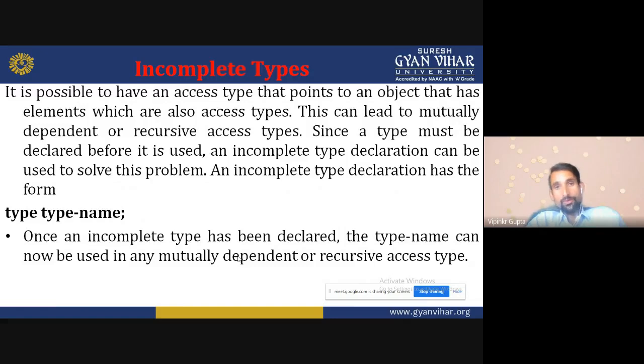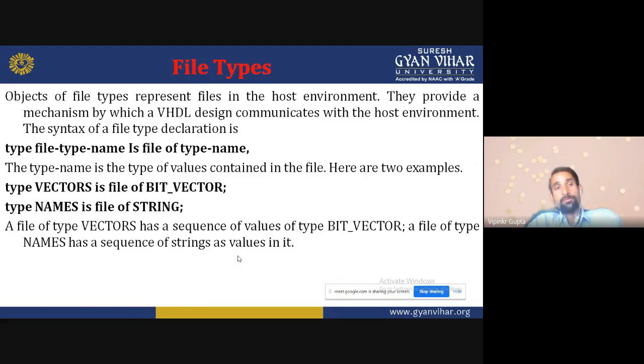So we can remove that problem using incomplete type declaration. So how do we declare the incomplete type name? Simple. Once an incomplete type has been declared, the type name can be used in any mutually dependent or recursive access type.